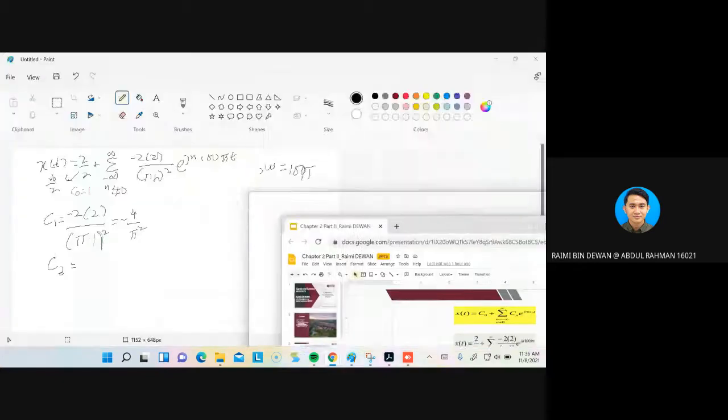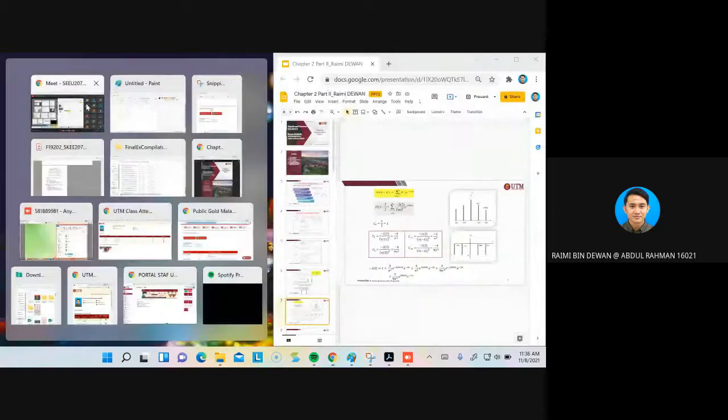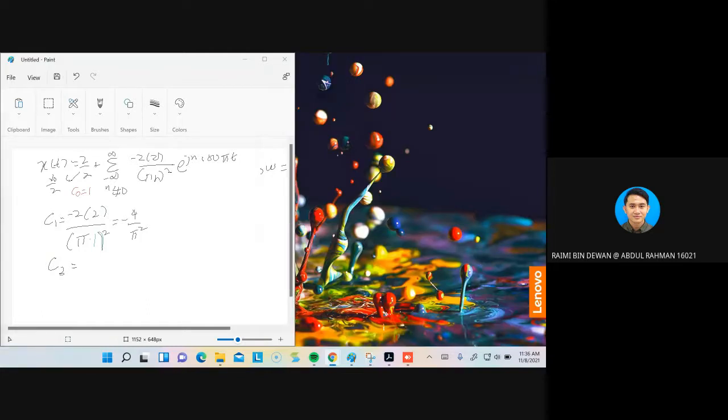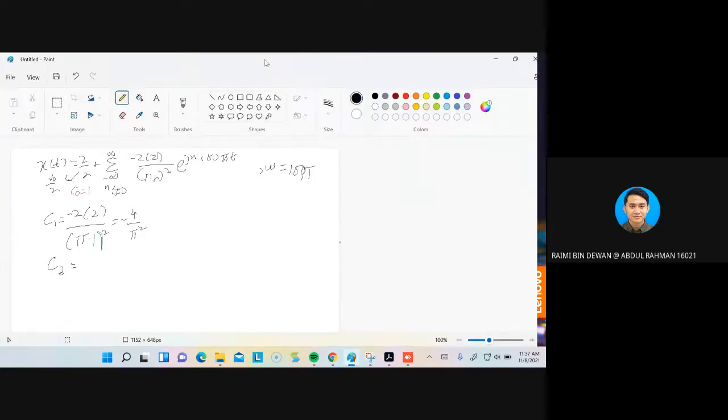Then C3, I just make it fast, is -4 over 9 pi squared. And then you have the partner. Remember, because it's a complex exponential, you have a partner, which is the negative one.